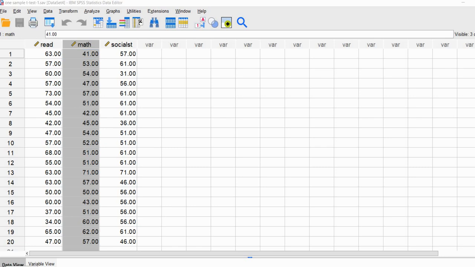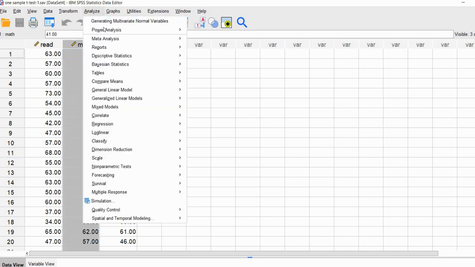Because we're using the language of greater or less than in our hypotheses, our alternative hypothesis is a directional hypothesis, and that's going to imply a one-tailed t-test.